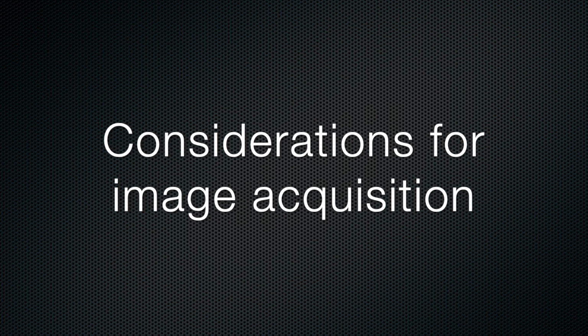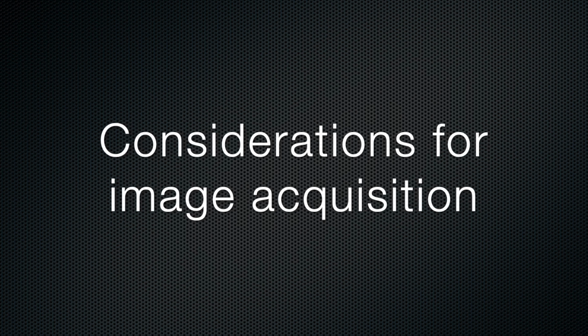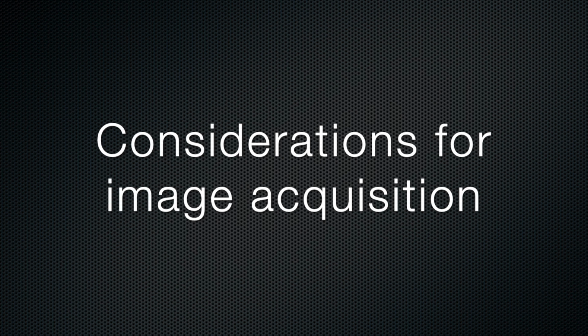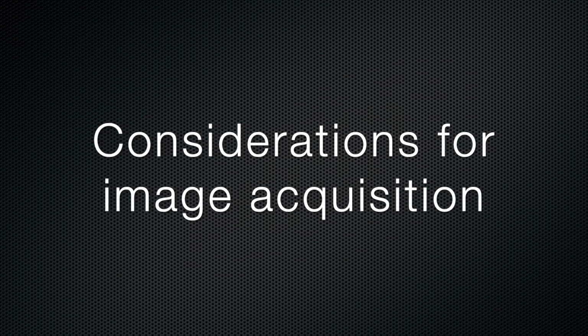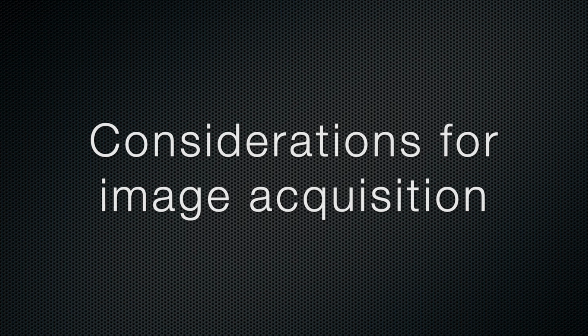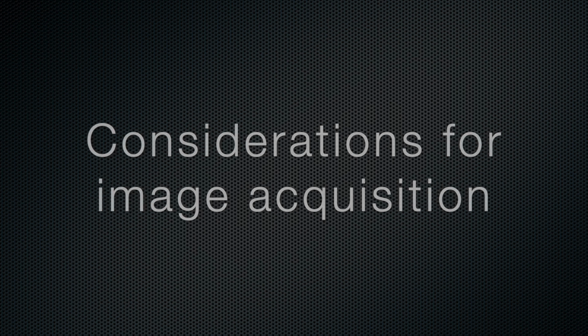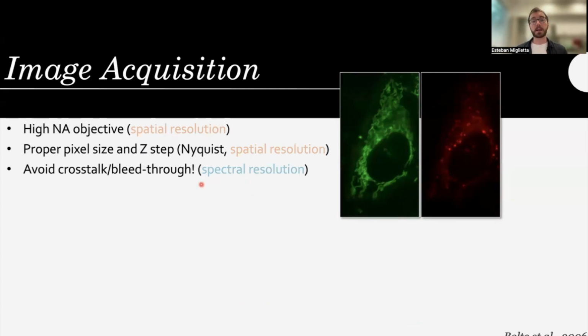Furthermore, since we are going to be measuring microscopic images, there are a few things to take into account when acquiring these images so that they will be useful and yield trustworthy results when we analyze the colocalization of the two probes. Since colocalization is a spatial phenomenon, so you want to see whether two fluorophores or two fluorescent signals are happening in the same space, you need to have good spatial resolution, as we mentioned before.